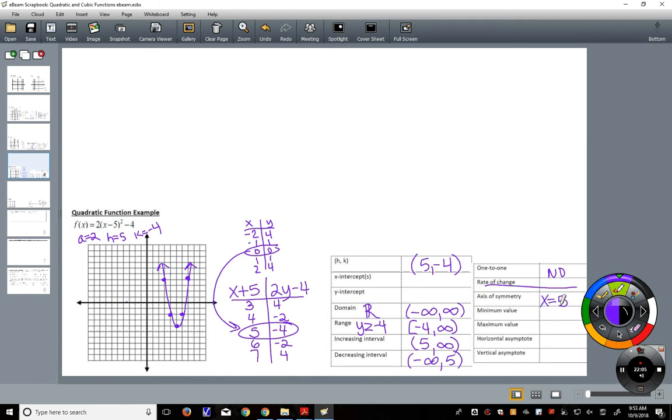Our minimum value. Yeah. Good. -4. So we do have a minimum, and the value that goes with that, just the y value, is -4. What is our maximum value? None. Okay, there isn't one. We don't have to deal with these. Okay.